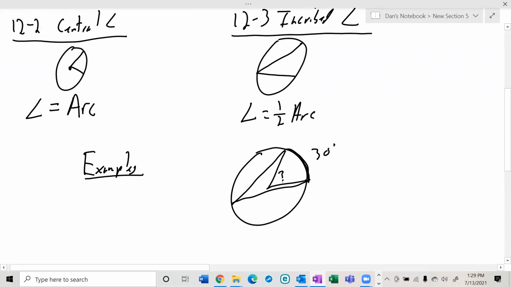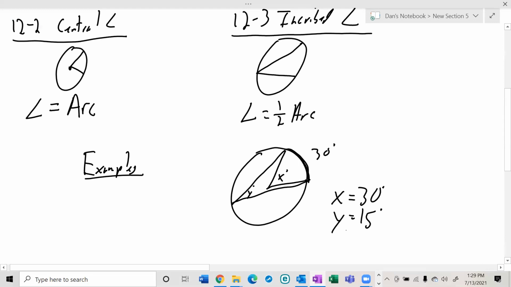What would these angles be? We'll just call them X and Y. In this example, what would X have to equal? 30 degrees. What type of angle is X, central or inscribed? Central. And so then what would Y have to be? And what type of angle is Y? Inscribed. That's right. So they could do stuff like that.